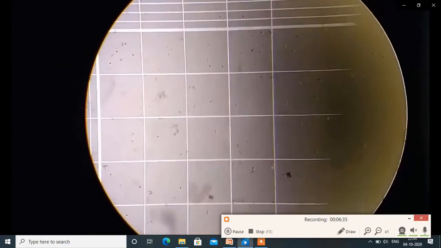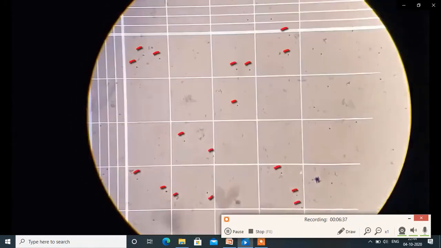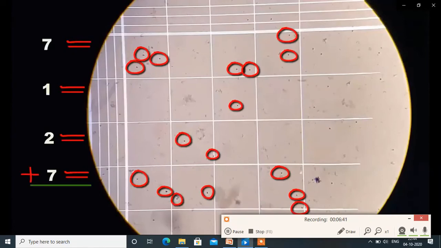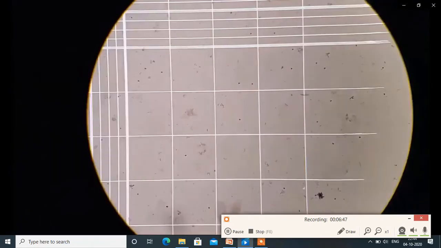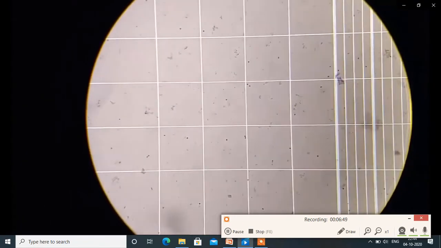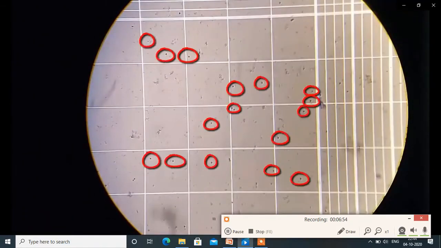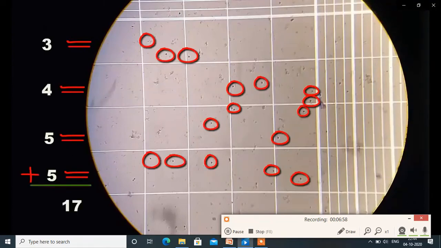W3 contains again the 17 WBCs. W4 contains again the 17 WBCs.